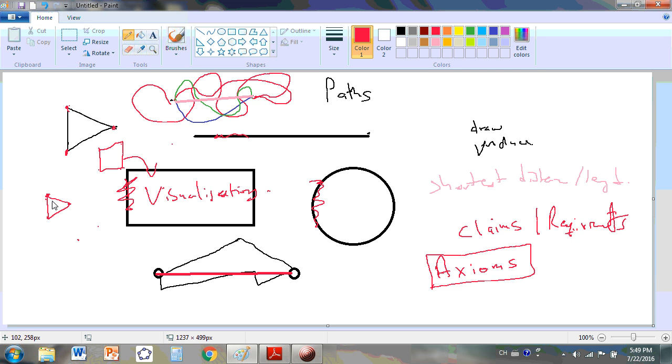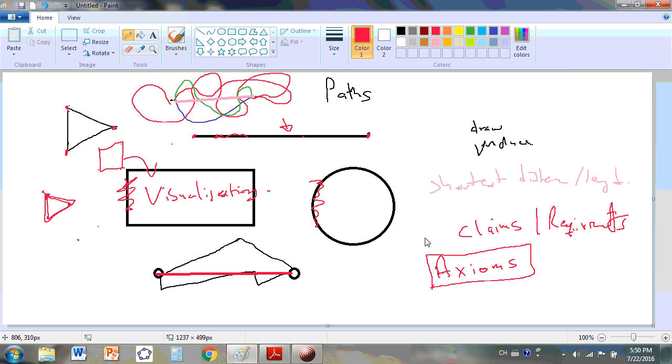That's the exact definition. This here is just a visualization or a tangible instantiation of the concept of triangle, right? Just as a line is a visualization of the instantiation of the shortest distance between 2 points.